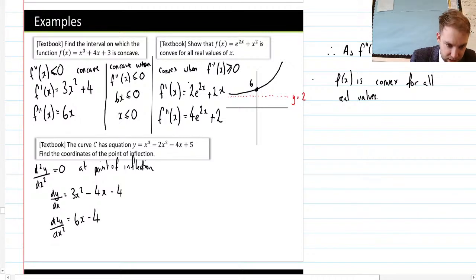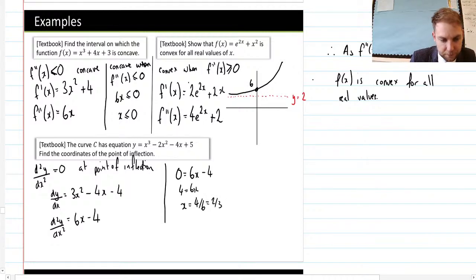And we know that it's equal to 0 at this point. So 0 is equal to 6x minus 4. Take the 4 over, divide by the 6. 4 is equal to 6x. Divide by the 6. So x is equal to 4 over 6, which is equal to 2 over 3.